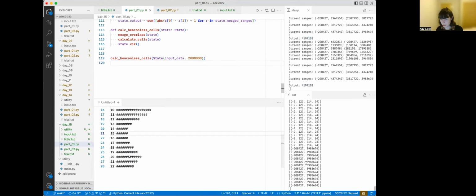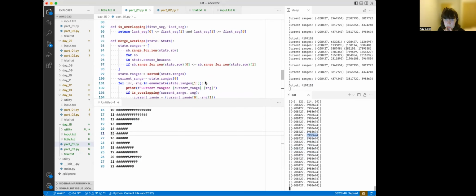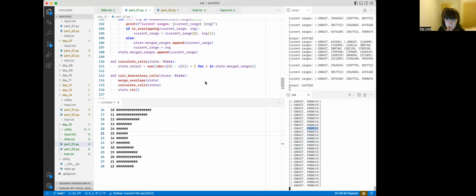Now, am I being silly here? Is this minus? Wait, what's the difference between these two? What's my formula for calculating the output? The absolute of the difference between R0 minus R1.